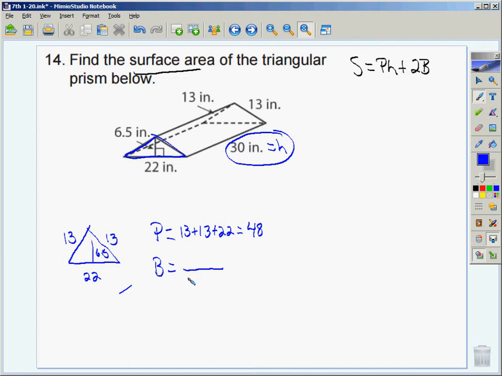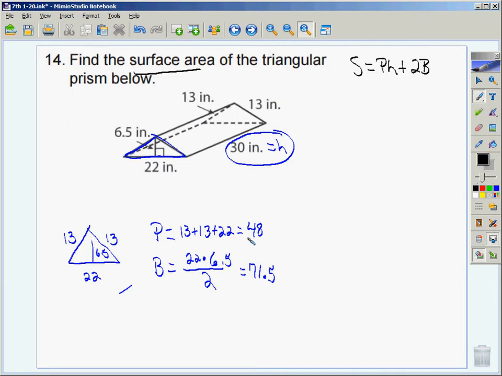Base times height divided by 2. So I'm going to take 22 times 6.5, and I'm going to divide that by 2. And that base area comes up to 71.5.